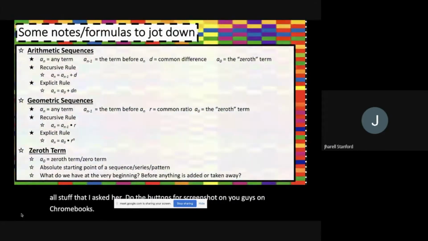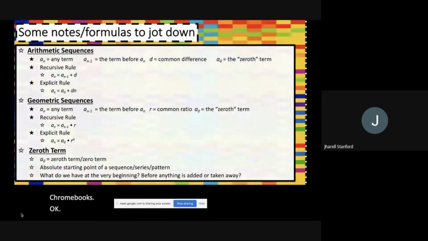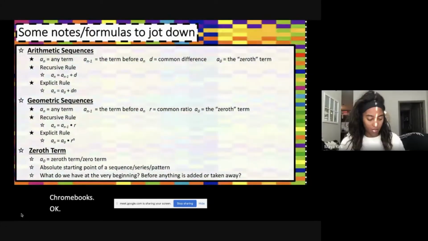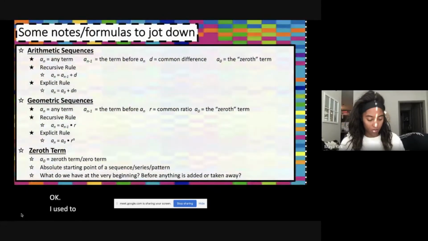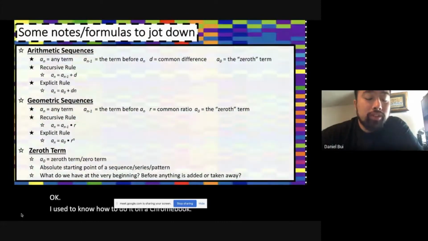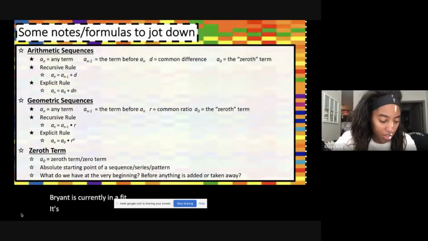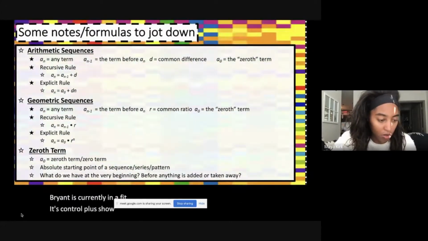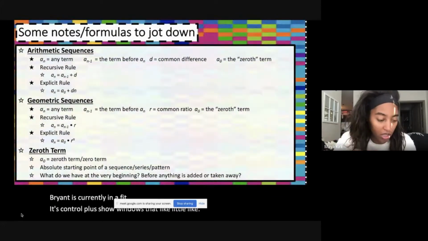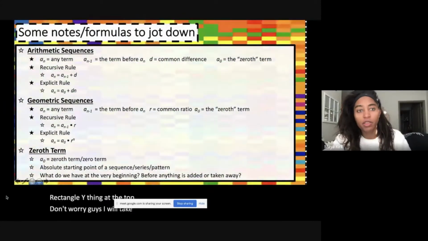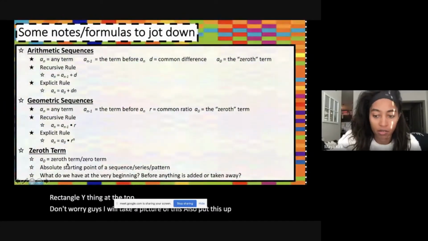Okay. I used to know how to do it on a Chromebook. It's Control plus Show Windows, that little rectangle-y thing at the top. Don't worry, guys. I will take a picture of this and send it to you. I'll also put this up so you'll be able to get it again.